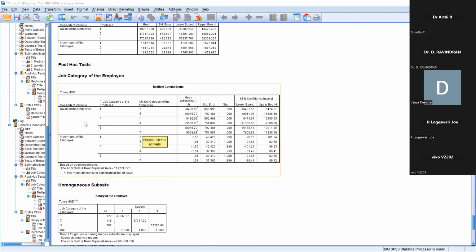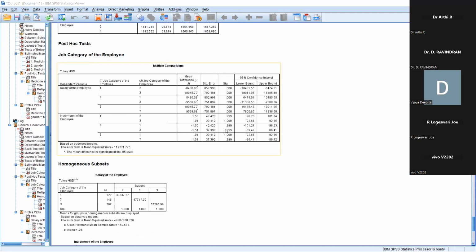In the post-hoc test for job category, you find that the salary of all the different job categories are different: 1 with 2, 1 with 3, 2 with 1, 2 with 3. Everywhere there is a significant difference. So each job category is totally different in terms of its salary means.